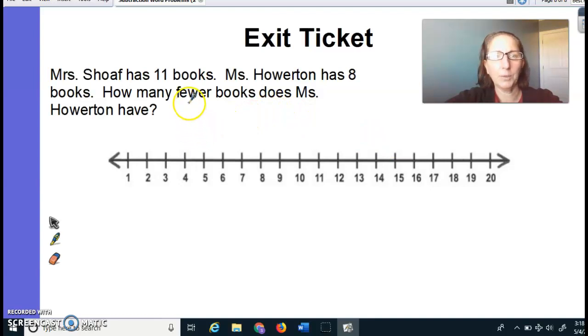You're going to take the number 11, break it apart, figure out how many 10s and leftovers are in the number 11. You're going to take away the 8 from the 10, and then you're going to add your leftovers together. Now, you can draw a number line on your paper today to help you to make sure you got the answer right, but what we're looking for is to see if you can break down that number and decompose a number leading to 10.